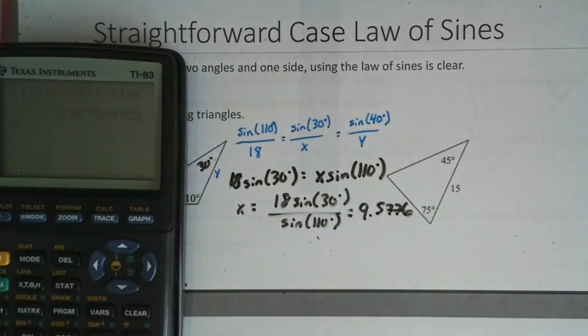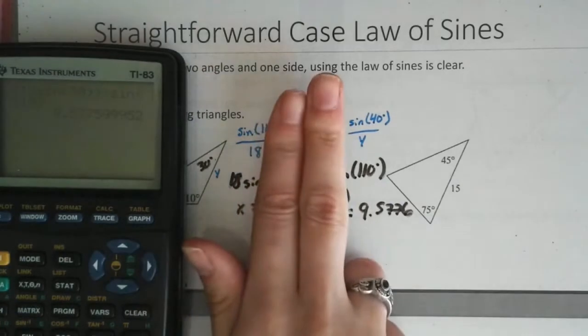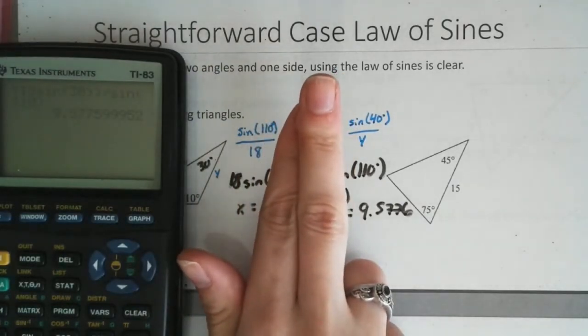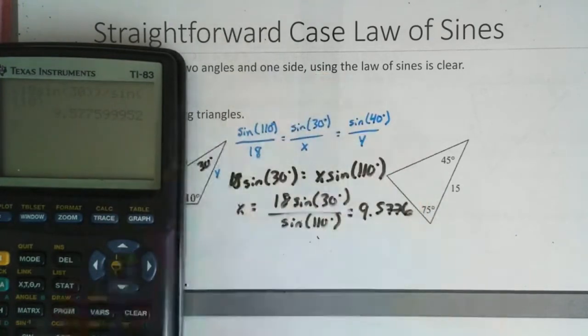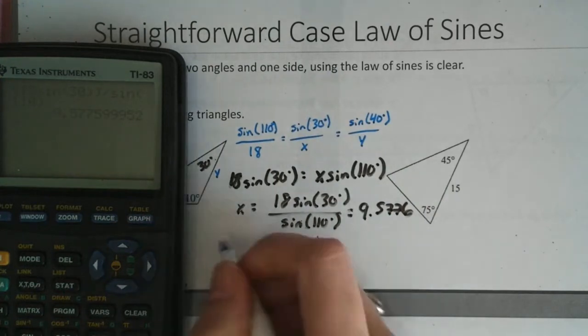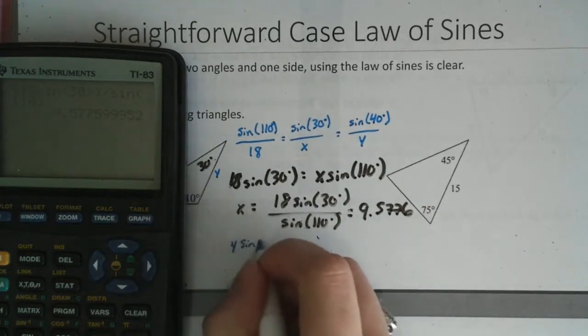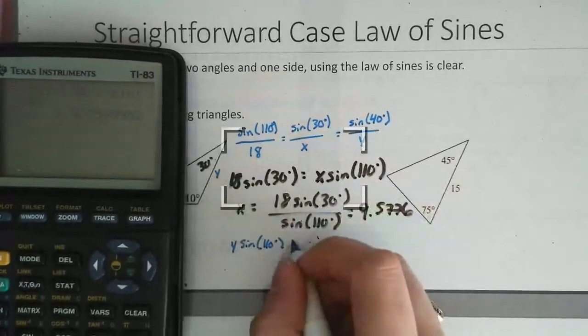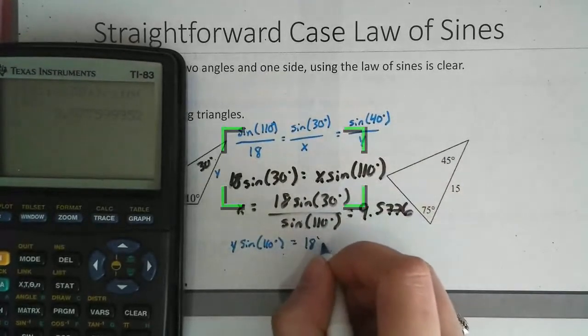Now I'm going to use the first one and the last one because those numbers are easy to work with. And I'm going to cross multiply with that. So I'll have y times the sine of 110 is equal to 18 times the sine of 40.